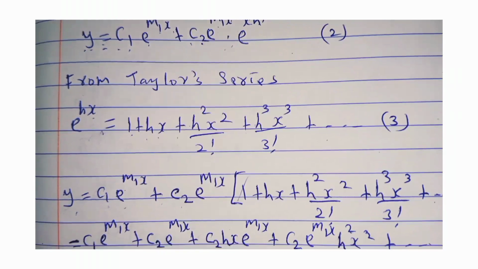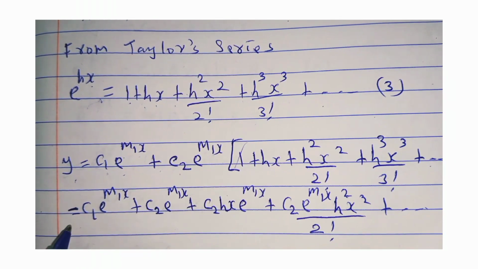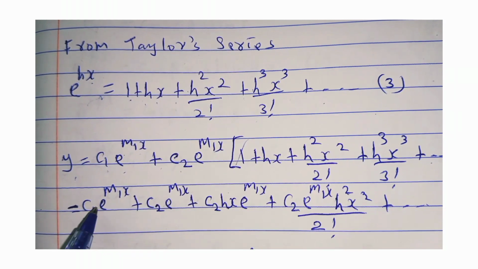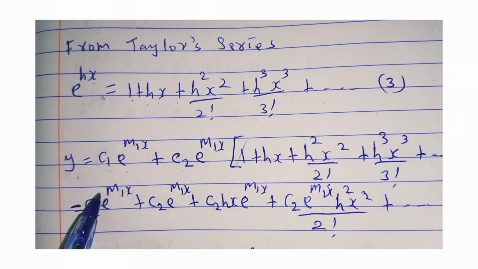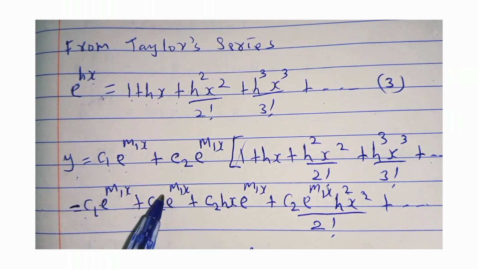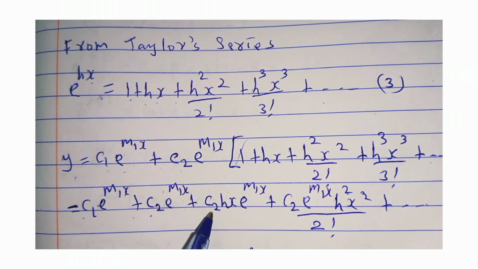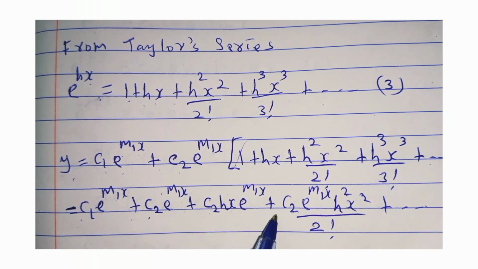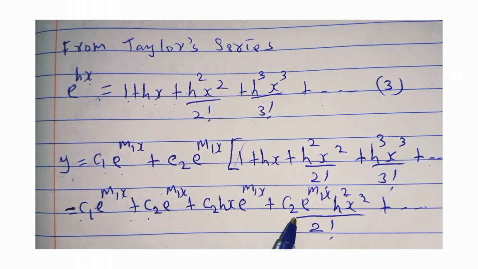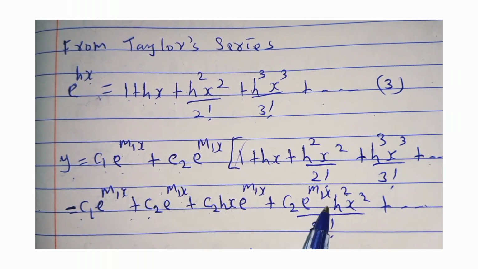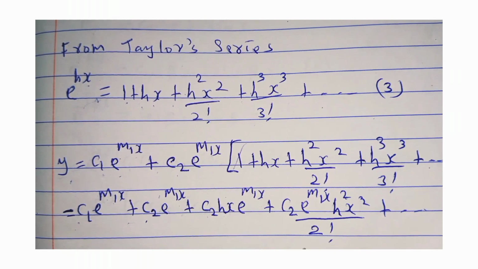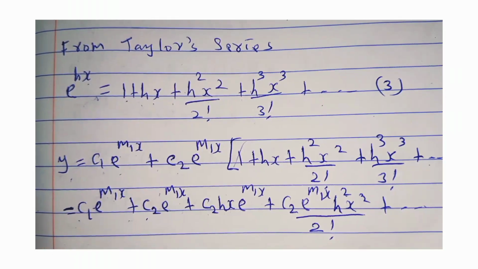Then from there now, we can collect the terms with m1: c1 exponential m1x plus c2 exponential m1x plus c2 hx exponential m1x plus c2 exponential m1x h squared x squared divided by 2 factorial all the way to the last term.